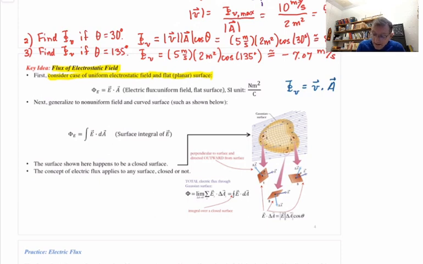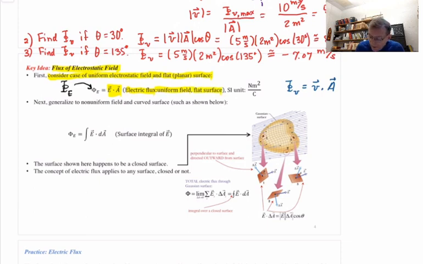Well, now we do the same thing, except it's electric flux. So I write it as capital Phi subscript capital E. The subscript is telling you what kind of vector field is doing the piercing. And we just take E dot A arrow, not v, E, E dot A arrow. And then you're finding the electric flux of a uniform electric field through a flat surface.